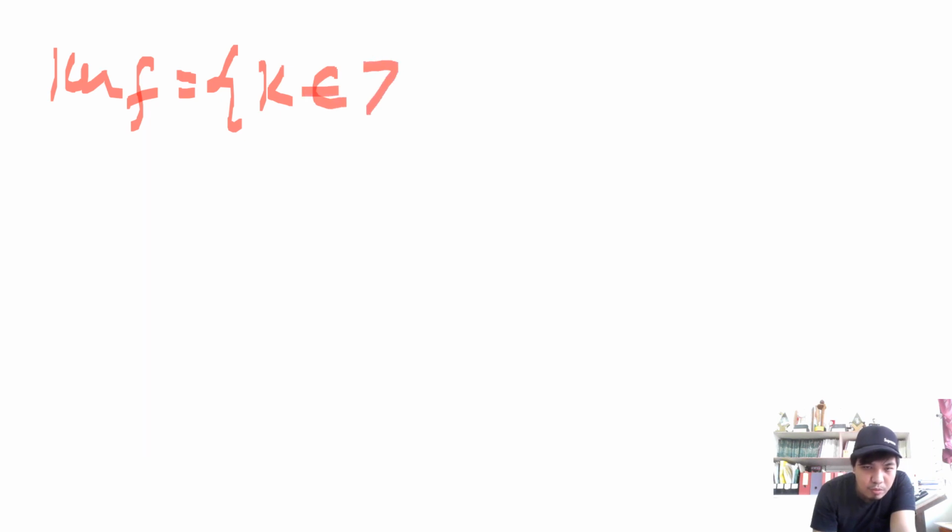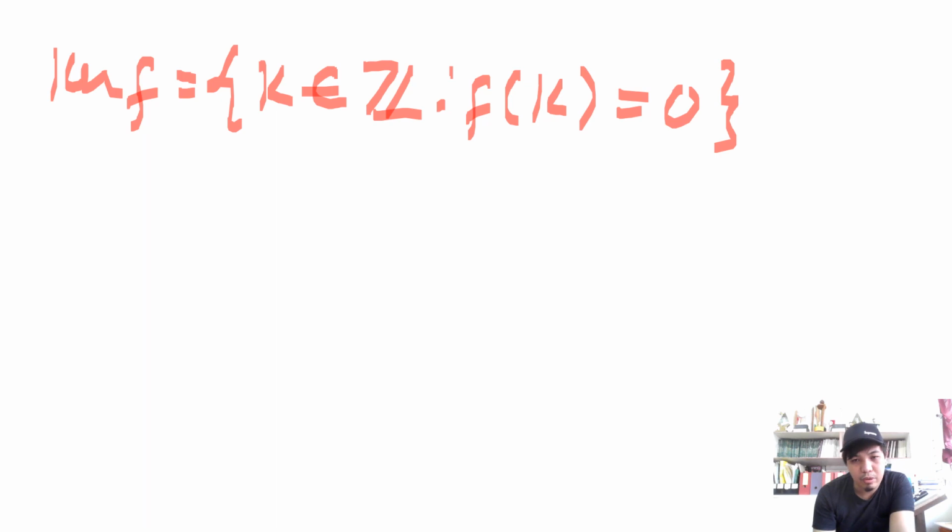For the last part, we are going to compute the kernel of f. We know by definition that the kernel of f is equal to the set of all k from the domain such that the image of k is equal to 0.